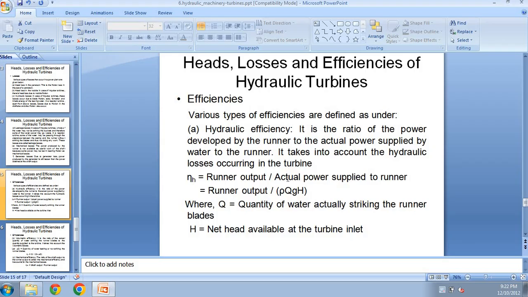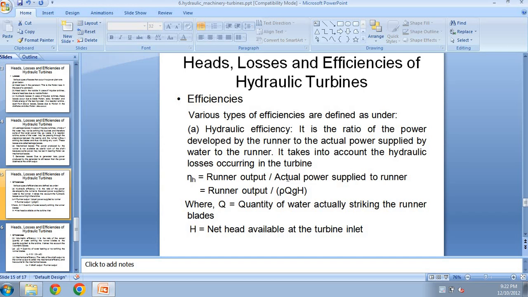So how much loss is there while transforming the input energy to the output energy at different stages? At different stages, the transformation of input energy to output energy and the consideration of the losses, these efficiencies come into the picture.